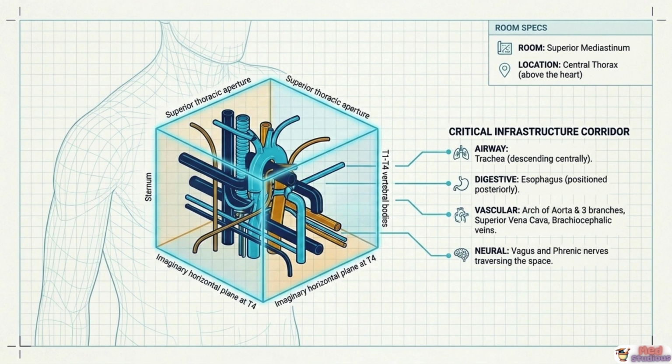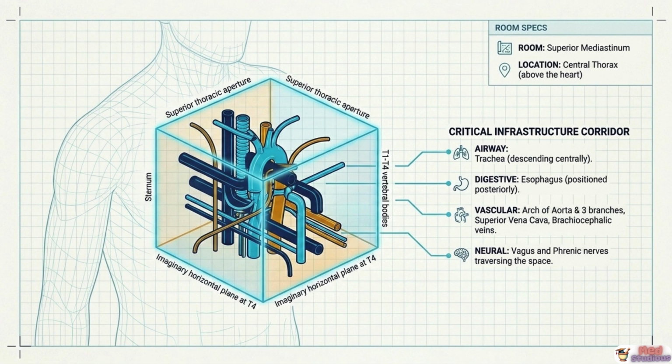Deep within the central thorax, sitting just above the heart, lies the superior mediastinum. This tightly packed space serves as a critical infrastructure corridor. It houses the airway via the descending trachea. The digestive tract safely passes through here via the posteriorly positioned esophagus.